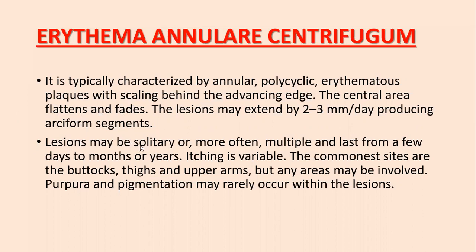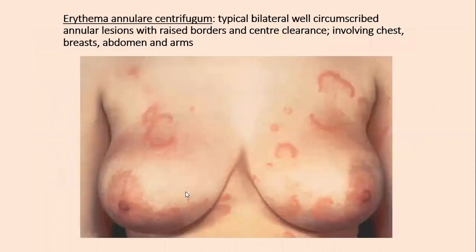Lesions can be solitary or multiple, and last for a few days to months or years. Itching is variable. Commonest sites are buttock, thigh, and upper arms, but any area may be involved, and purpura and pigmentation are rarely seen. So you can see the multiple polycyclic lesions with annular and arciform appearance.